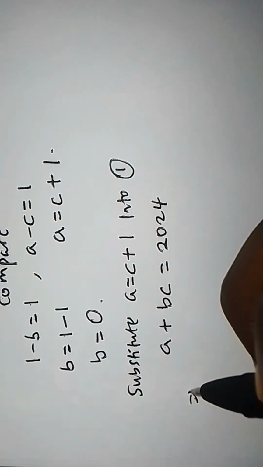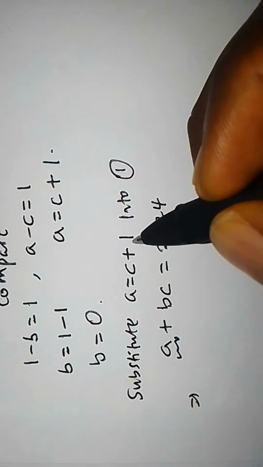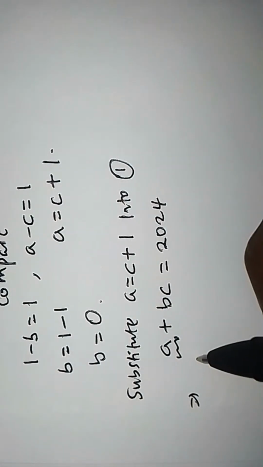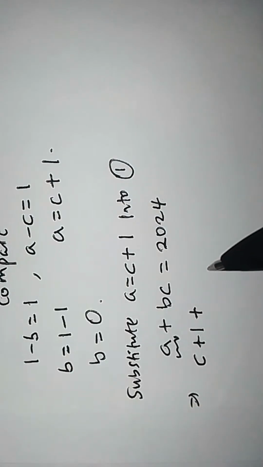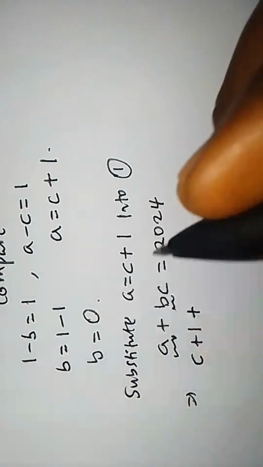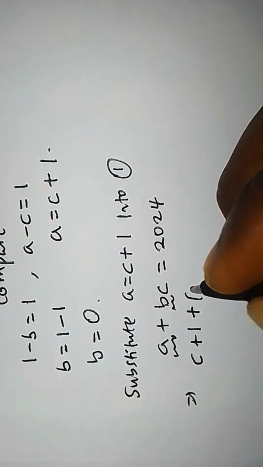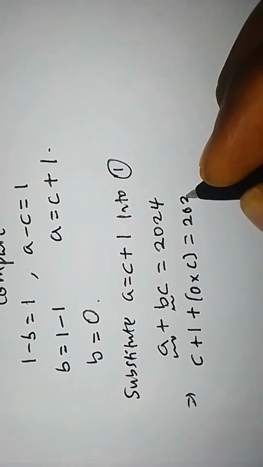So this means that in place of this A now, we will replace it with C plus 1. C plus 1 plus, what is the value of B? B is 0, so that is 0 times C equals 2024.